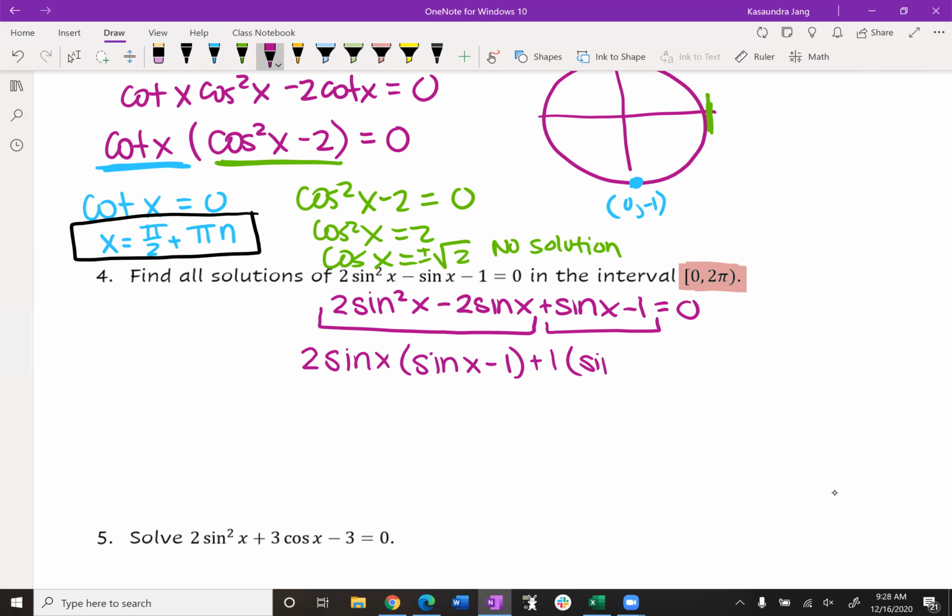So I'm left with sine of x minus 1. Now the greatest common factor, it looks like they have this sine of x minus 1 in common. So I will factor out the sine of x minus 1, and I'm left with 2 sine of x plus 1.